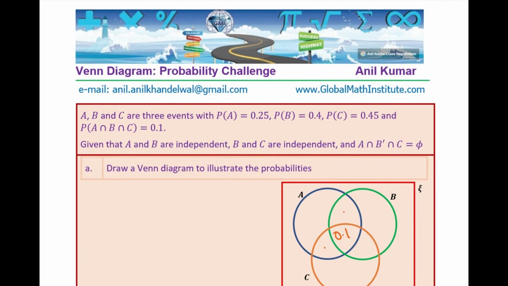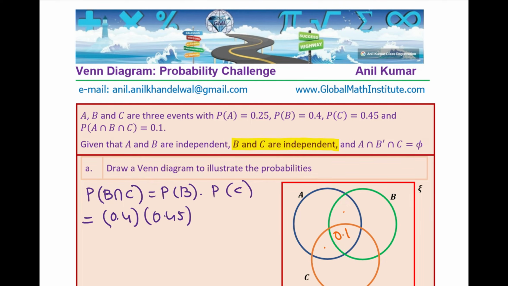Now, we'll look into the probability of intersection of B with C. Since B and C are independent events, we can multiply the individual probabilities to get the result, just as we did for probability of A and B. So what do we get? Probability of B is 0.4 times probability of C as 0.45. Just multiply and get the result.